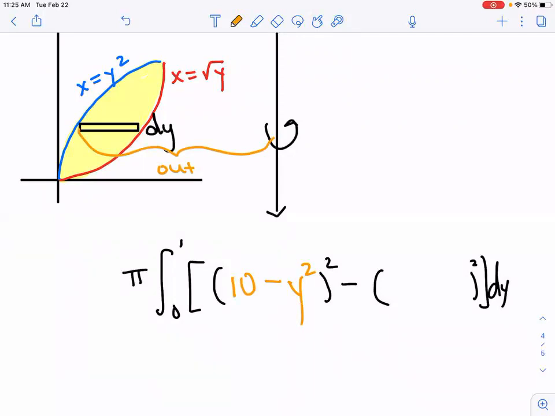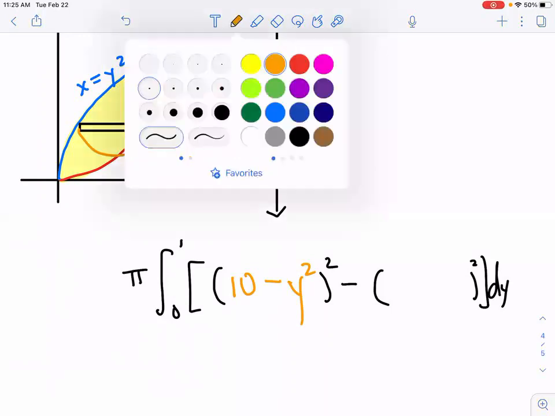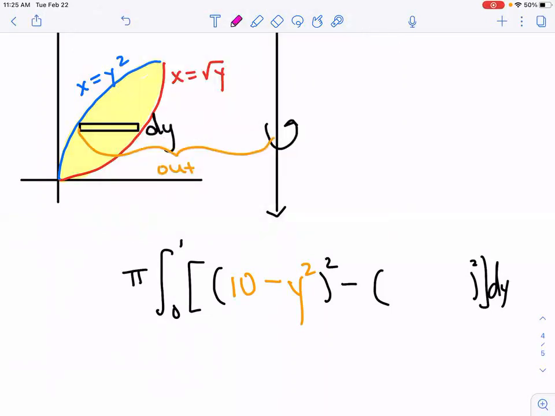The inner radius, take right minus left, we would have 10 minus square root of y.